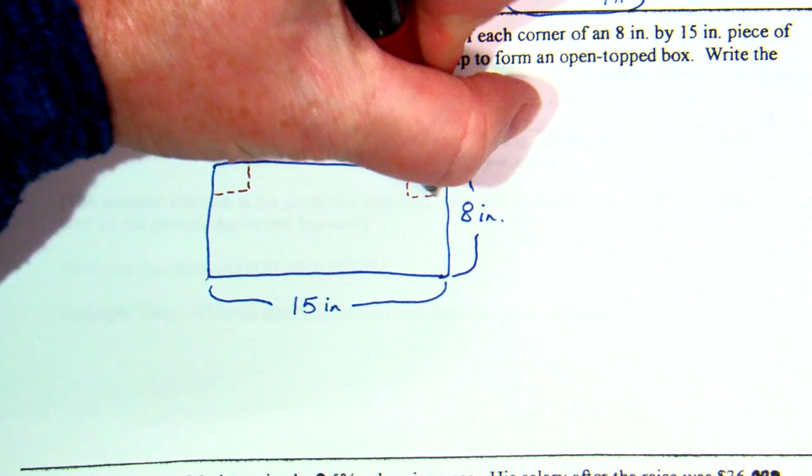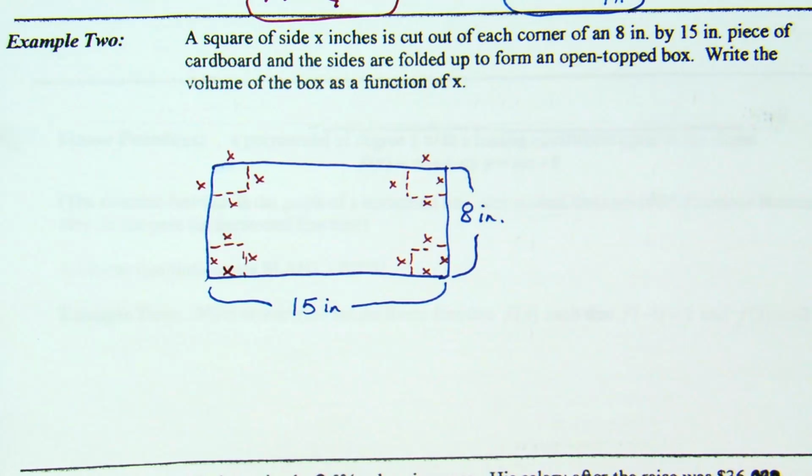And that flap is going to fold up. And on the other side, my flaps fold up. So my rectangle is no longer 15 long and 8 inches wide. Thoughts on how long it is now? And how wide, either or. We have to talk about both of them. 15 inches minus 2x.